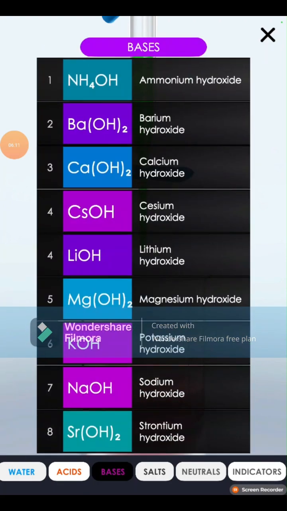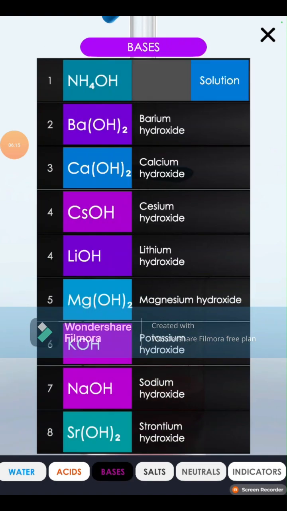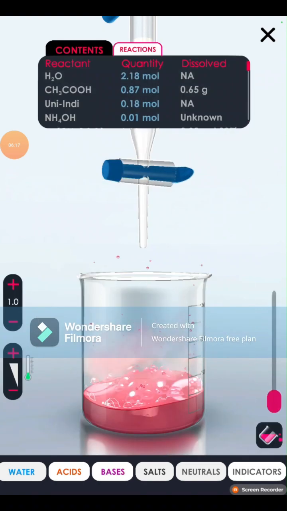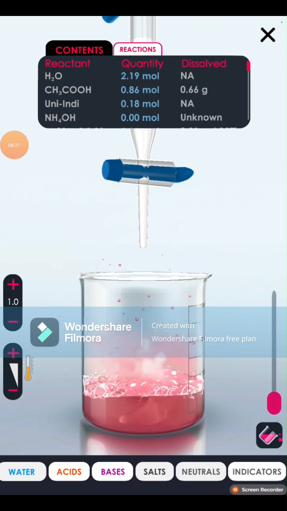So let me put a base over here. I will put ammonium hydroxide over here. As you can see, the neutralization reaction is happening slowly. The red is getting fainter.